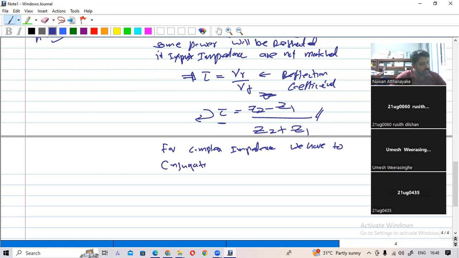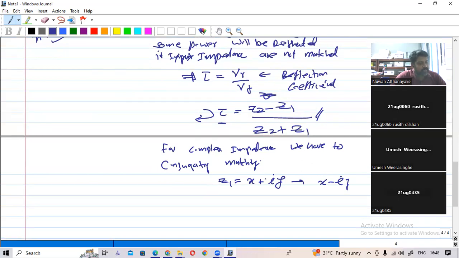That means if we have one impedance x plus iy, which is a complex one, you need to match it to x minus iy, the conjugate of this impedance.